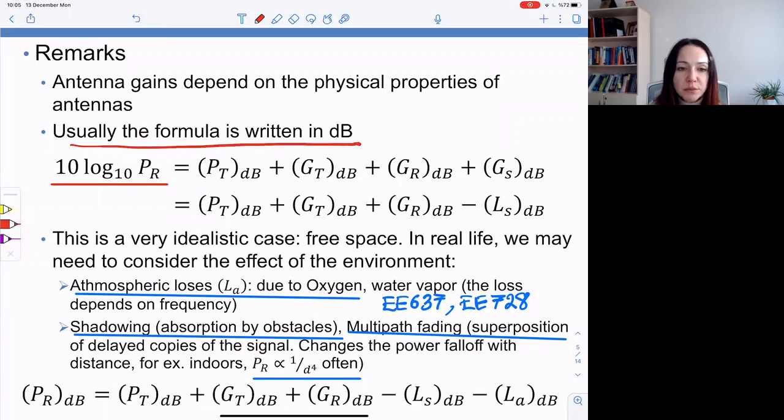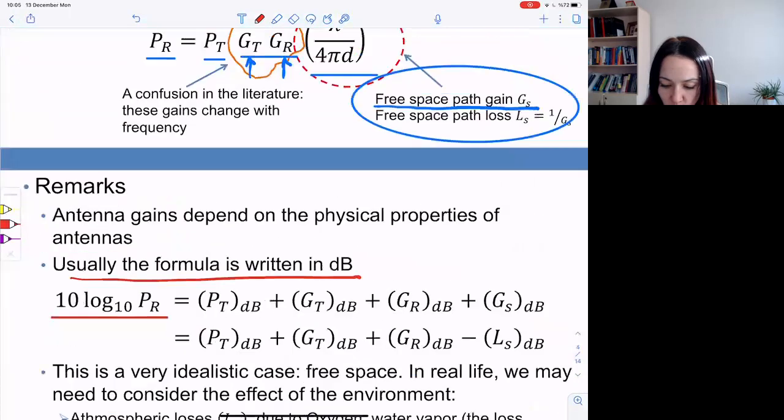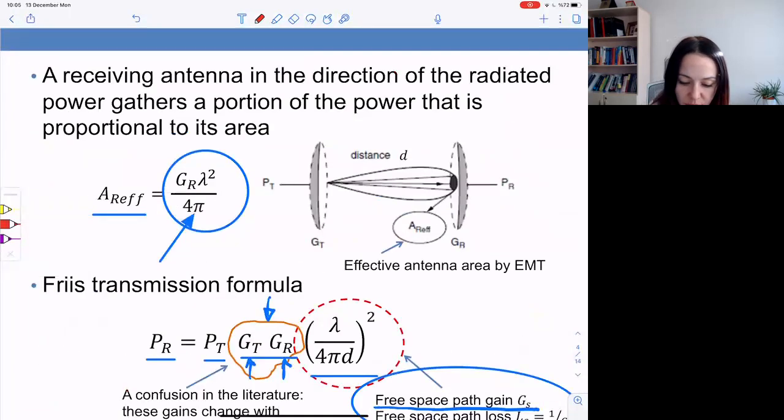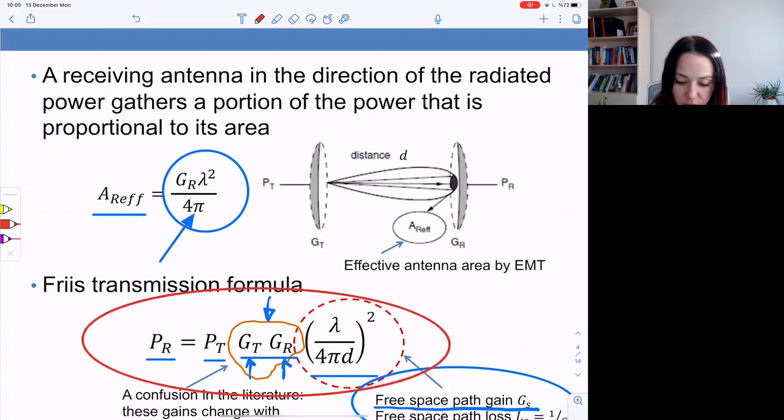It could be watts, milliwatts. Usually we use watts. Now, think of this formula that consists of PR being equal to PT times GT times GR times free space gain.